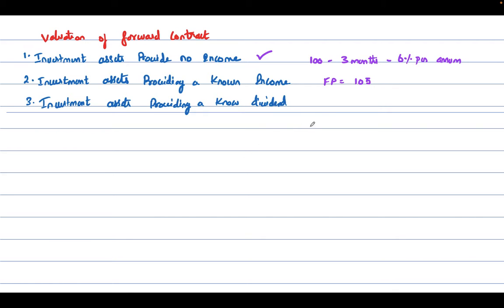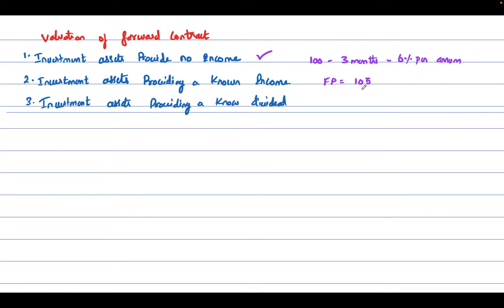You are going to borrow 100 at the rate of 6% for 3 months, and you are going to keep it. You are going to be in a short position, and you are going to short a forward contract for which the forward price is 105.